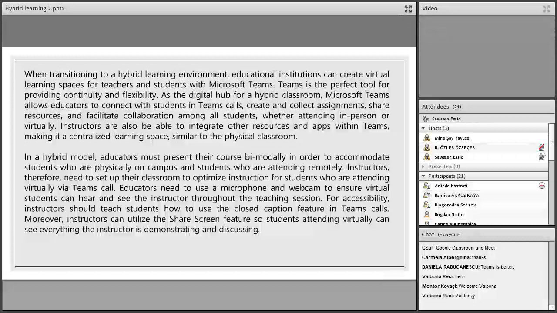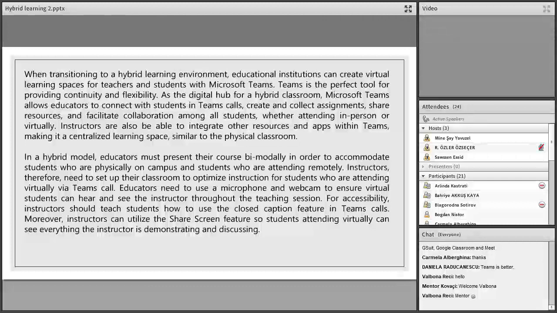As the digital hub for hybrid classrooms, Microsoft Teams allows educators to connect with students in Teams calls, to create and collect assignments, and to share resources and facilitate collaboration among all students, whether attending in person or virtually. Instructors are also able to integrate their resources and apps within Teams, making it a centralized learning space similar to the physical classroom. Great. Any questions so far?